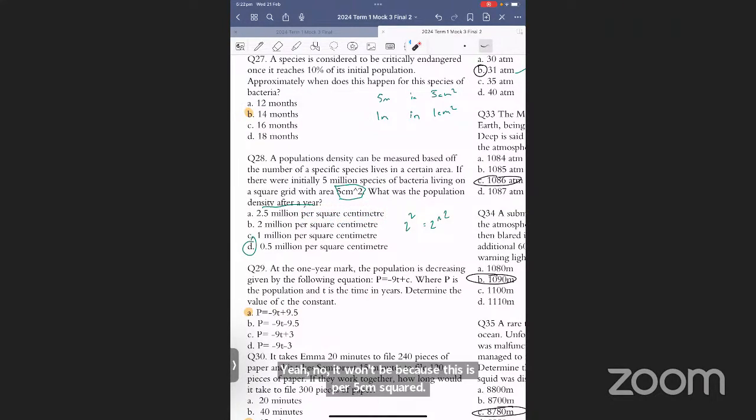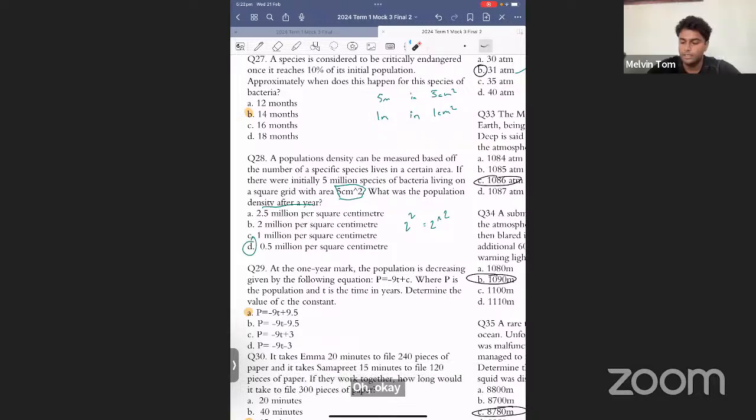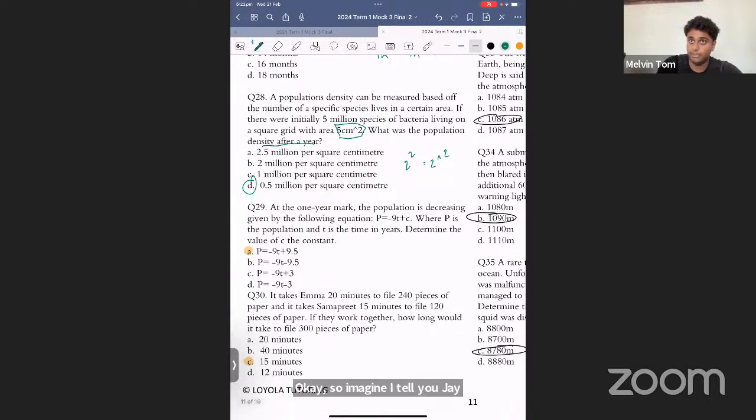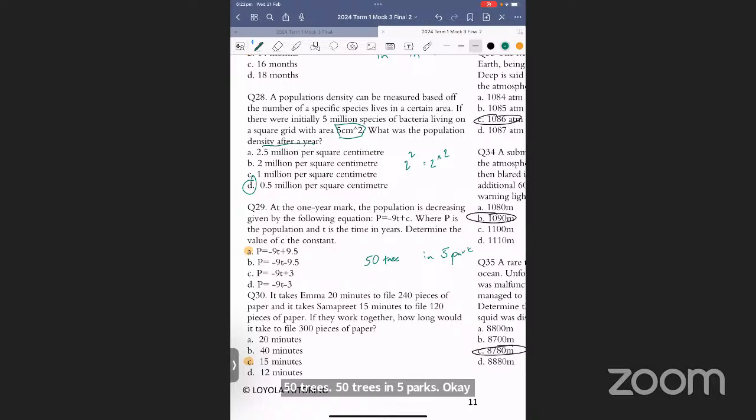Imagine I tell you there are 50 trees in 5 parks, and then I cut down half of the trees.